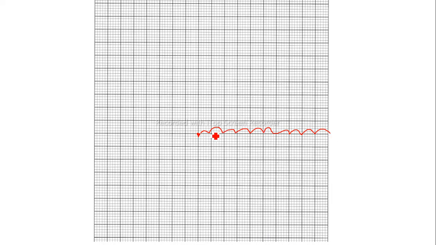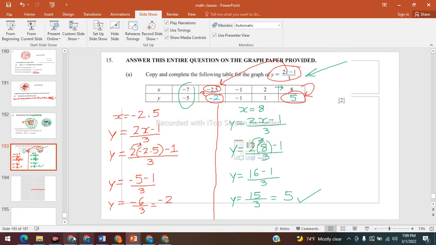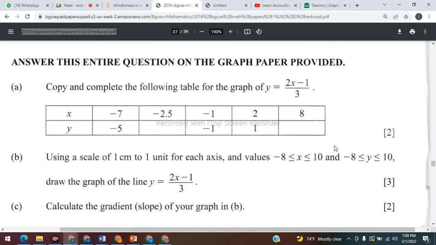I need to have 10 spaces, because they said that for our x value, the highest we could go is 10.